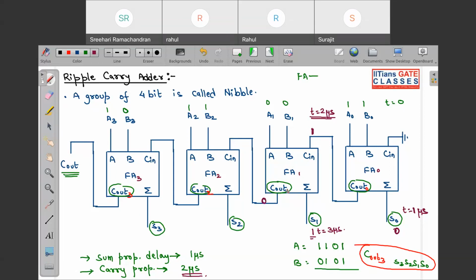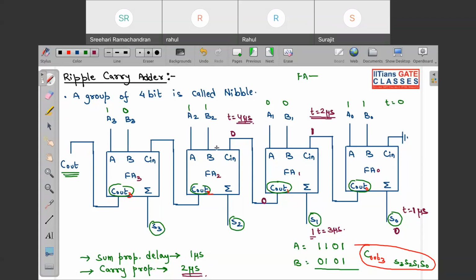Now this is a very good concept I am telling. So this will be 0. This 0, yeah, it's correct. So this 0 we got after t equal to 4 microsecond.